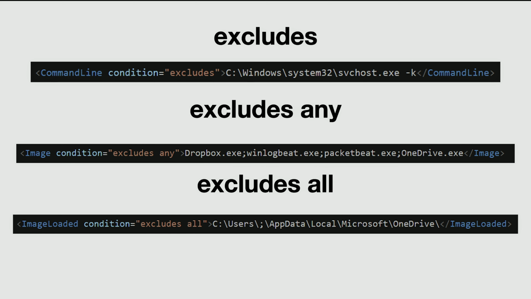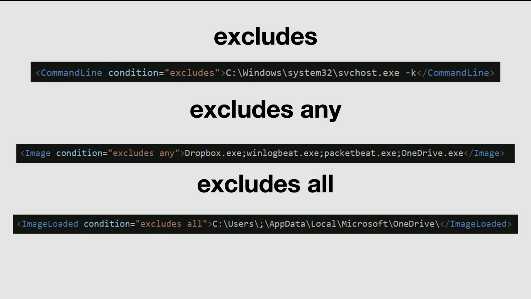Hey, I want to exclude those. In this case, for the image condition that we have here as an example, I can have this where, let's say, destination port is 80 and destination port is 443. And I want to just not log those, and I want to exclude them from being logged as part of my specific rule set that I have for my configuration.